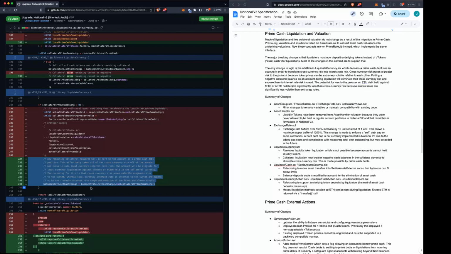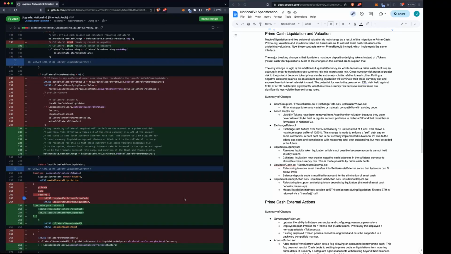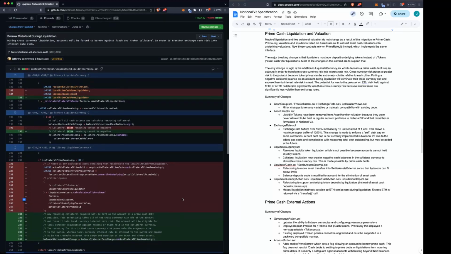So now the liquidated account is exposed to the movement in ETH interest rates rather than the movement in ETH and USDC prices. So this is going to be a really nice risk mitigation tool for us in Notional V3.